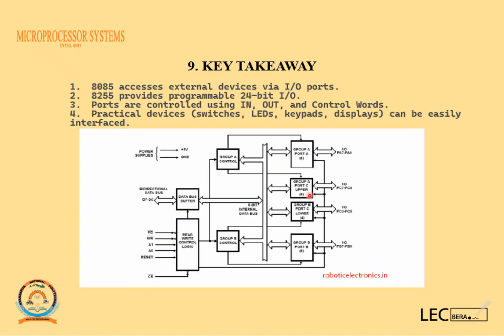And then we have our ports which are connected to the outside world. We have a total of 3 ports. One port is port A, another port is port B. Then port C has been divided into upper and lower, as we've discussed. So this comes to the end of what we've discussed today.